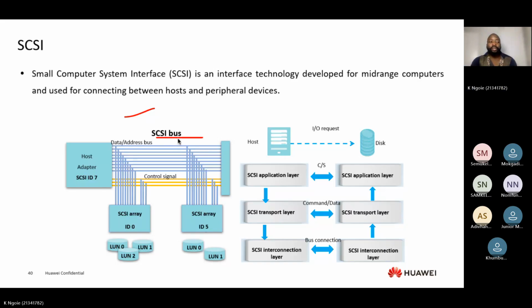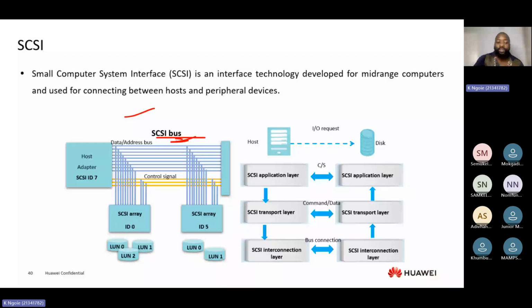Then we have the SCSI bus architecture. SCSI uses a special bus structure that allows multiple devices to share the same communication channel. It's just like the USB ports: you can at the same time plug in your phone, and the computer understands what's happening. You can plug in a hard drive, and the computer still understands.